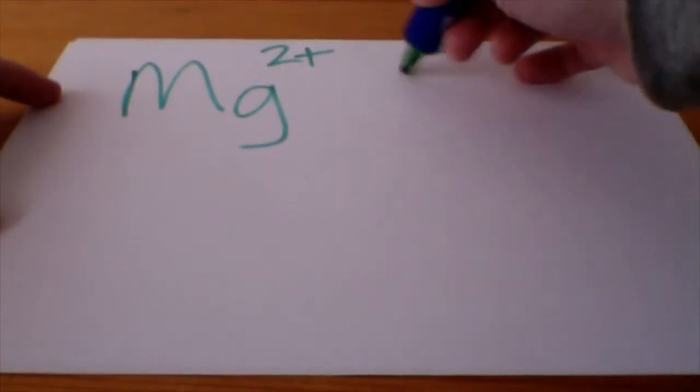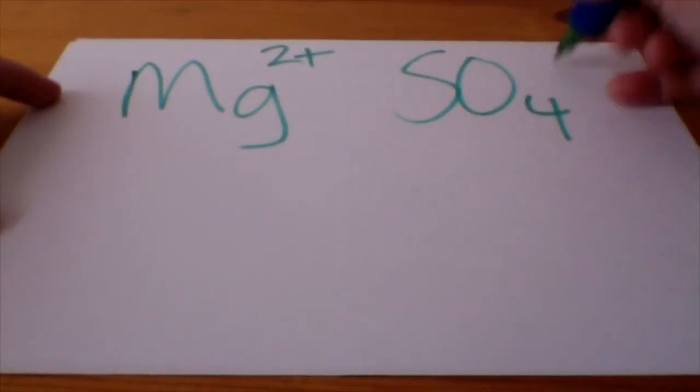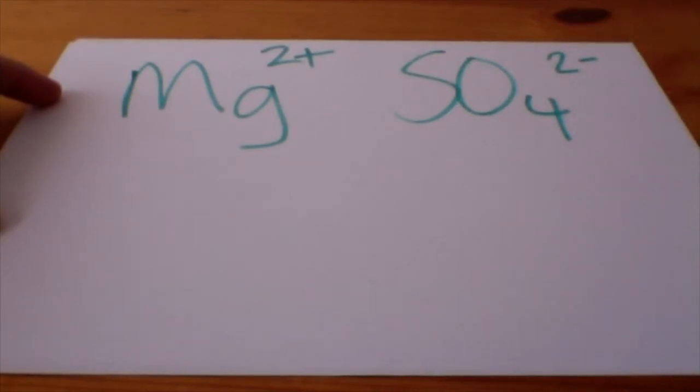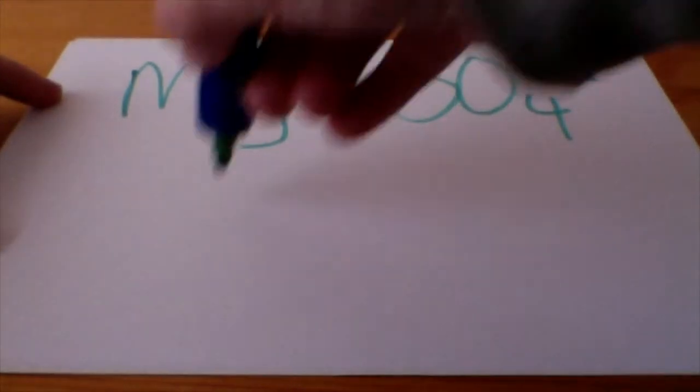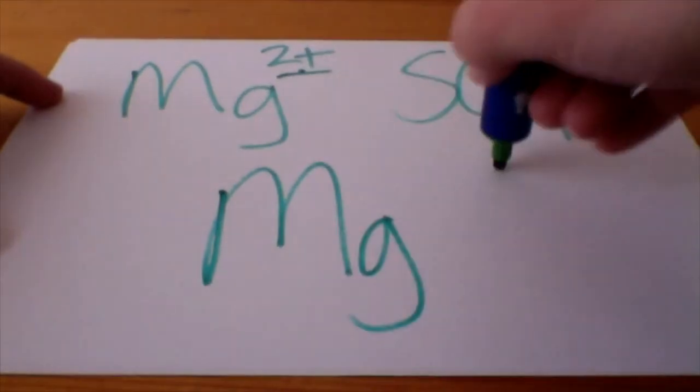This means that if we're writing a formula for a compound with those 2 ions in it, then the situation is relatively straightforward. We've got an Mg2+ ion, and we've got a sulfate ion, which we've just said has an overall charge of 2-. So if we're going to put these together in a compound, then the 2+ will cancel out the 2-. We only need one of each of them, and the formula of our compound will be MgSO4.